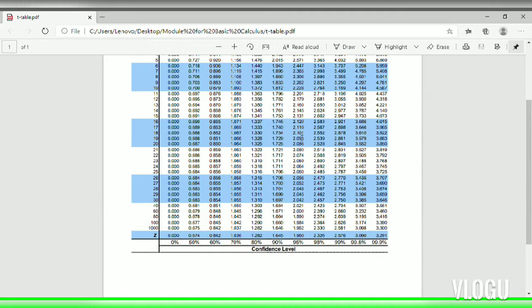So diri pod nga row, 25 ang atong df, ang atong critical value is 2.060.